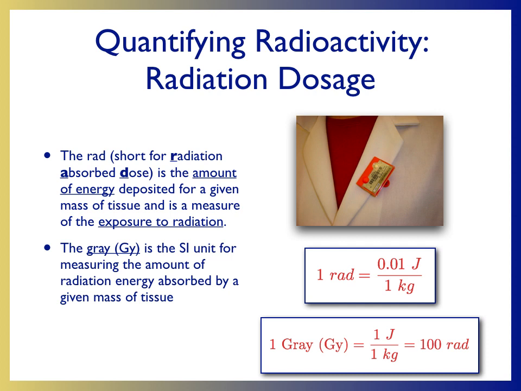Many people who work in labs where radioactive samples are used wear such badges to monitor the amount of radiation that they are exposed to. The rad and the gray are more focused on the amount of energy imparted to a biological tissue.